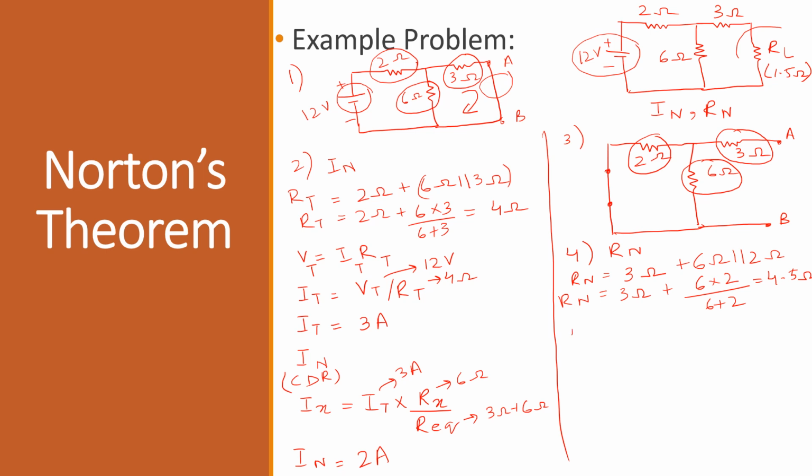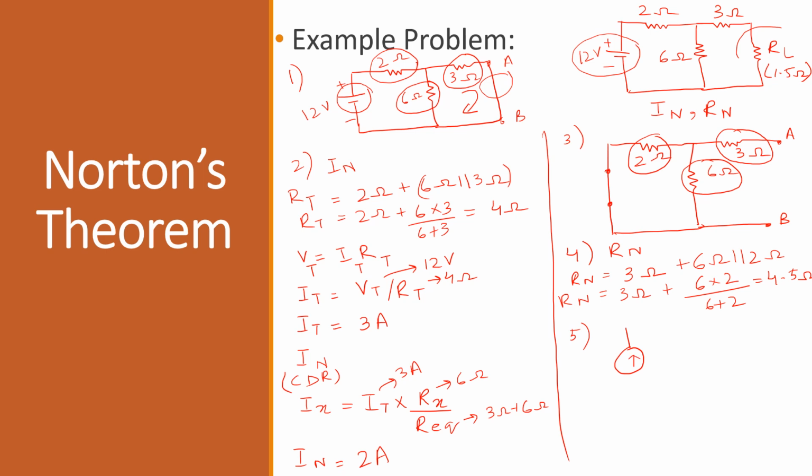Now, what will you do in next step? In next step, you will draw your Norton equivalent circuit. How? You will connect this Rn in parallel with the current source and then reconnect the load resistance. So your Norton equivalent circuit will be something like this.